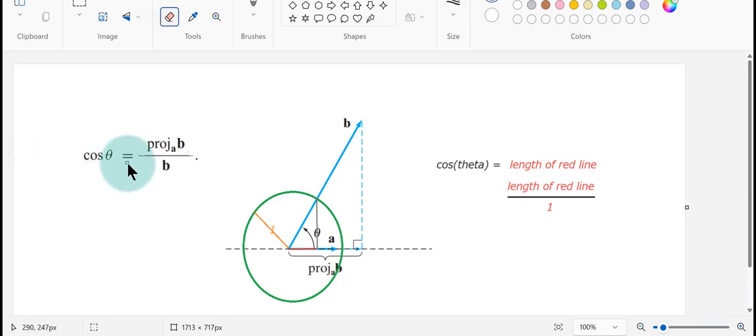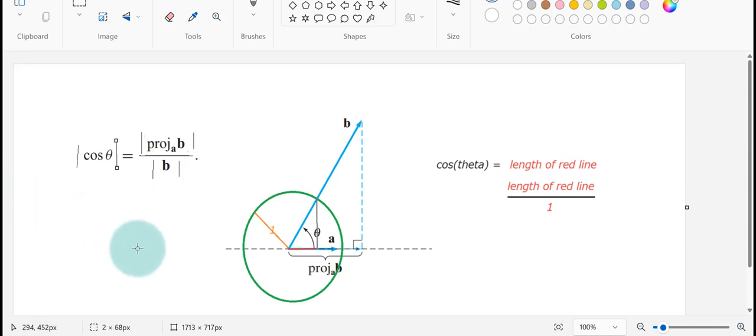So what we get is that the cosine of theta is the projection down here divided by b. Now we should put the length actually here. So let me put the length in there. So now this makes sense, right? The cosine of theta is the projection of b onto a, which is this length here, divided by this.